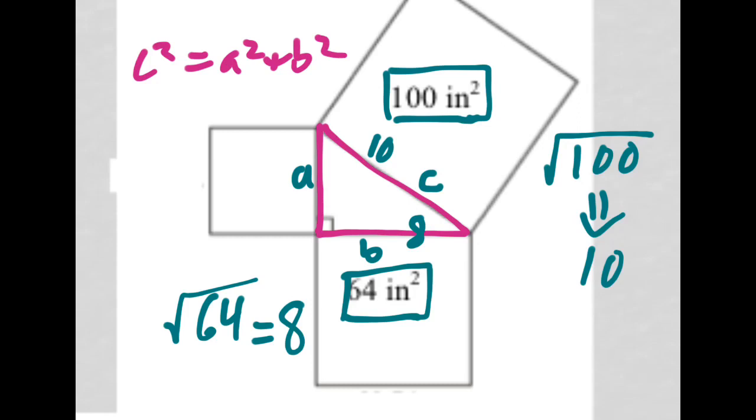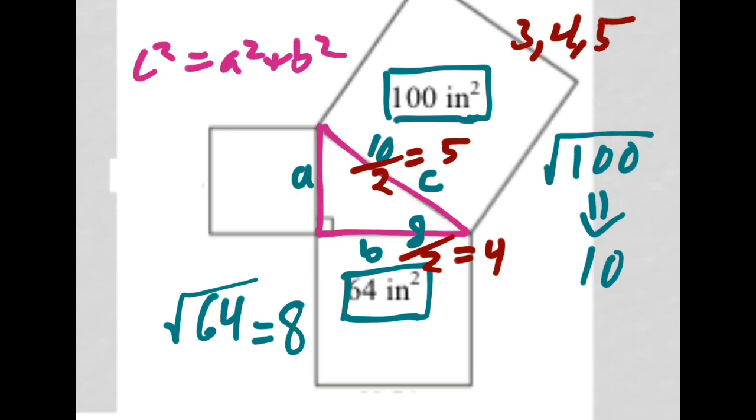What if I divided 10 by 2? What would I get? 5? What if I divided 8 by 2? What do I get? 4. This is a 3, 4, 5 triangle.